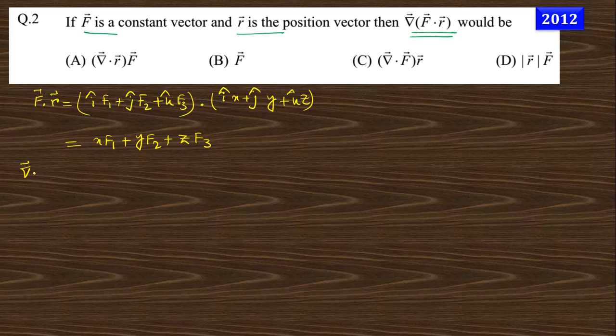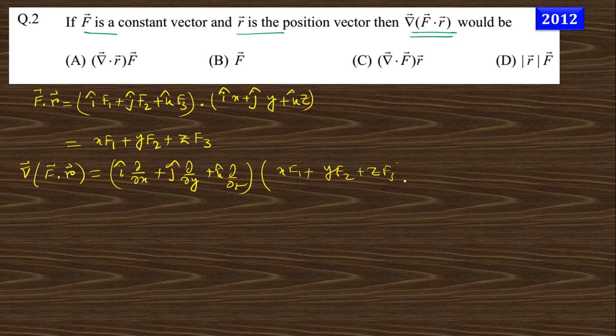If we take the gradient of this function, that is i cap del x, j cap del y and k cap del z, with this function x f1 plus y f2 plus z f3.